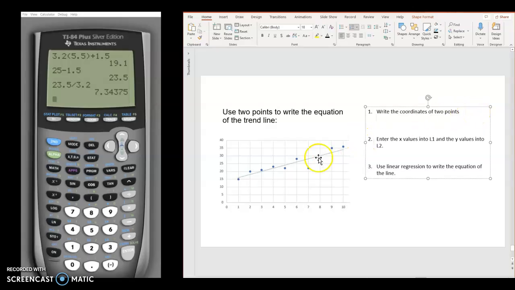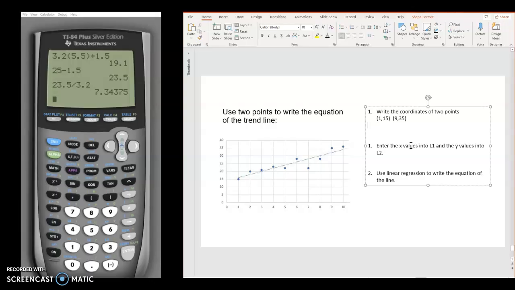So I'm going to pick this one right here, this 1, 15. So 1, 15 is going to be my first point. And then I'm going to pick another point with integer coordinates. This one looks good, 9, 35. So just like when I had my table, I'm going to enter my X values into L1 and my Y values into L2.